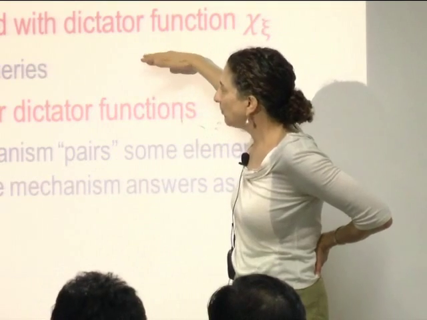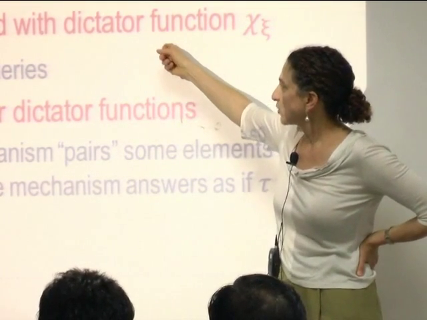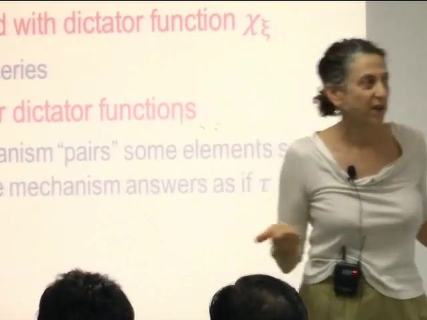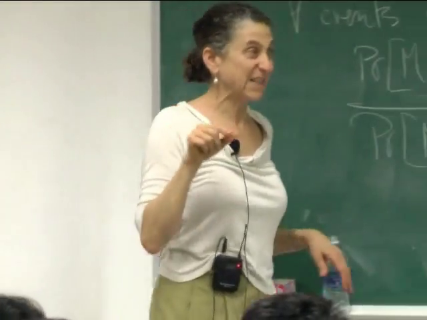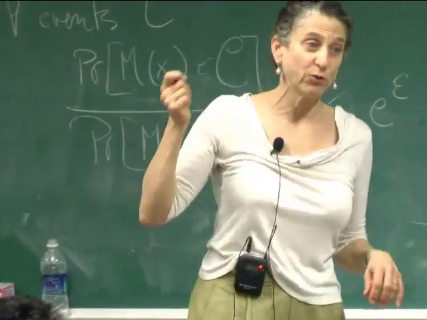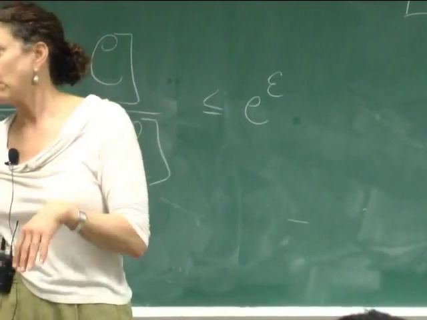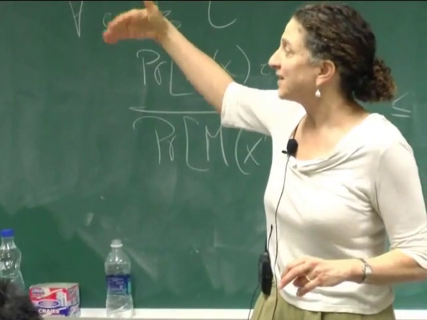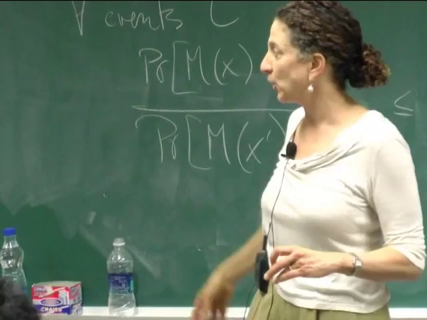The key point is that the responses will be detectably correlated with what's called the dictator function chi of xi, which is a function that's 1 when xi is in the database and 0 when it isn't. And this detectable correlation is in expectation, and it would be detected over many queries.